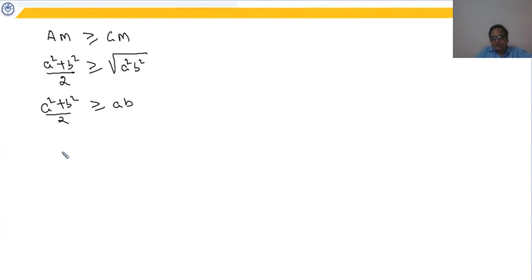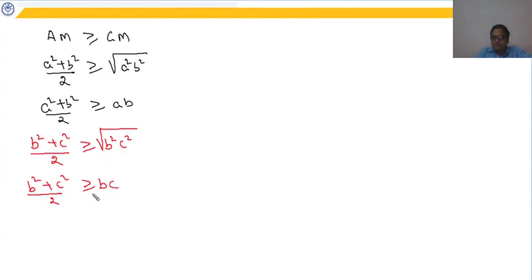Similarly, if we apply the same result for b square and c square, we can say b square plus c square upon 2 is greater than or equal to the geometric mean of b square and c square, which is we take the square root of their product, that is b square plus c square upon 2 is greater than or equal to bc.